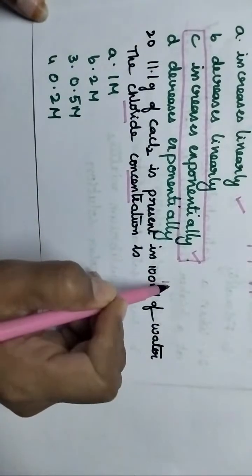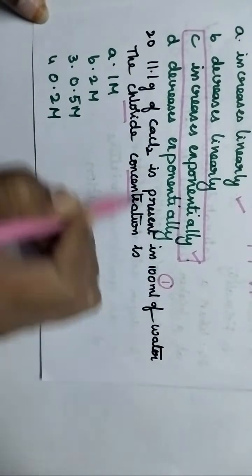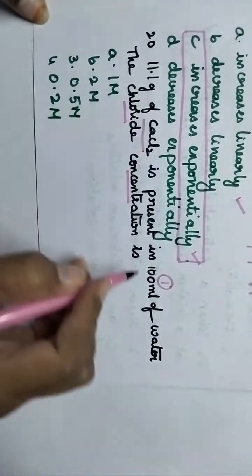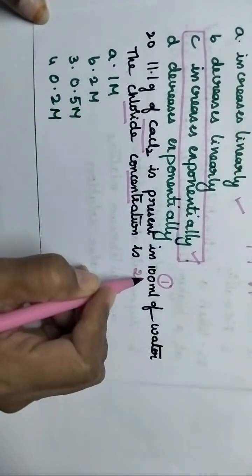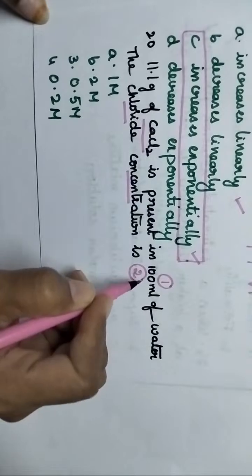First, you find the concentration of calcium chloride solution and then move to the concentration of chloride. So I will provide one small hint. First, you calculate the molarity of calcium chloride solution. Then you can move to the concentration of chloride.